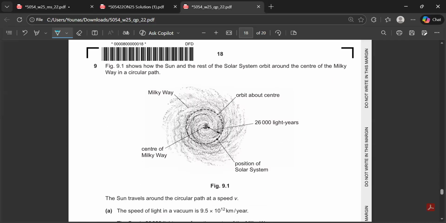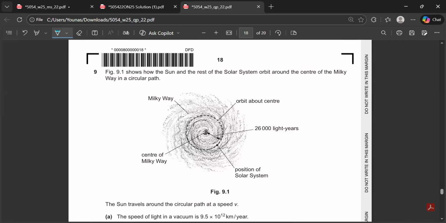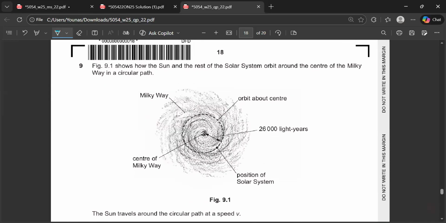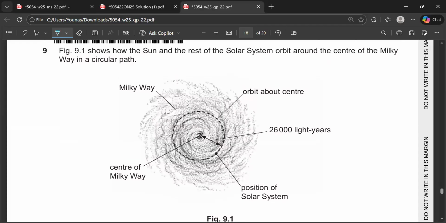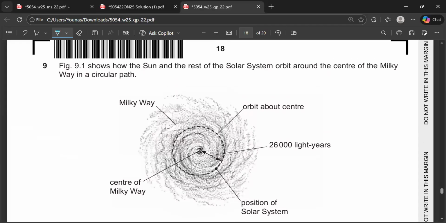So we are done with question number 8. Now we are on question number 9. He says figure 9.1 shows how the sun and the rest of the solar system orbits around the center of the Milky Way in a circular path.